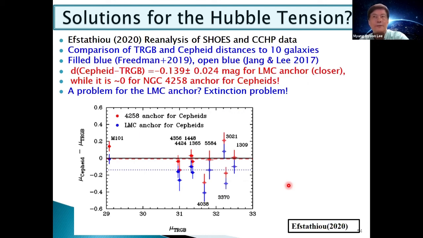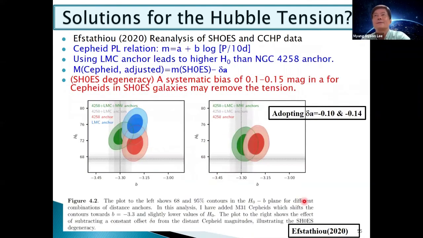His conclusion was that a bias of 0.1 to 0.15 magnitude in the Hughes galaxies may remove the tension. That's one possibility. But I don't know whether Adam will accept it or not.